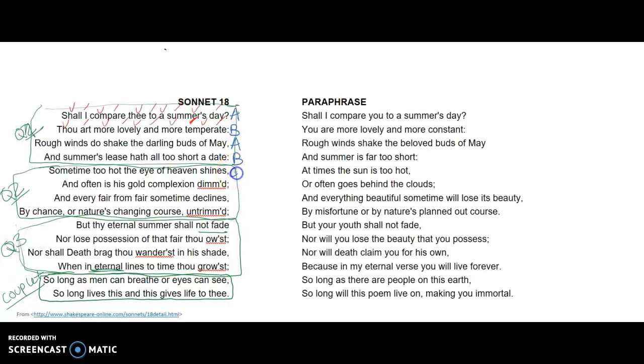Shines rhymes with declines. Dimmed rhymes with untrimmed. Notice that we shorten the words to make it fit the stressed and unstressed. Fade does rhyme with shade. Oust with grouse. And see and thee, of course they rhyme.